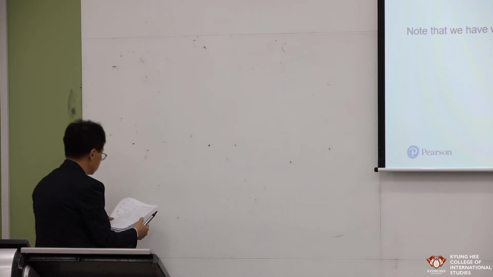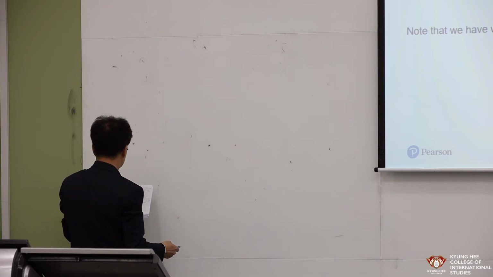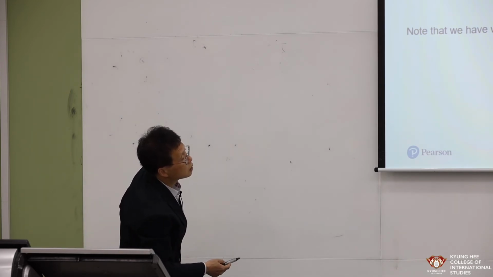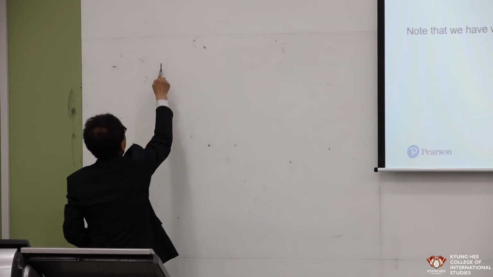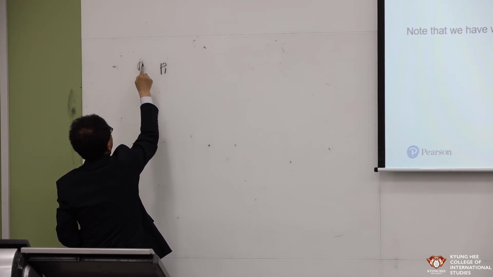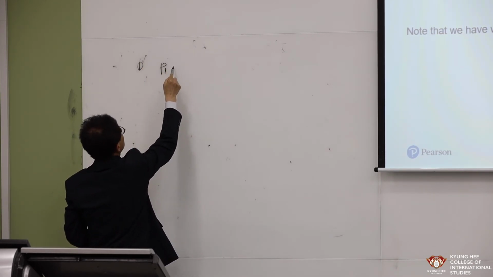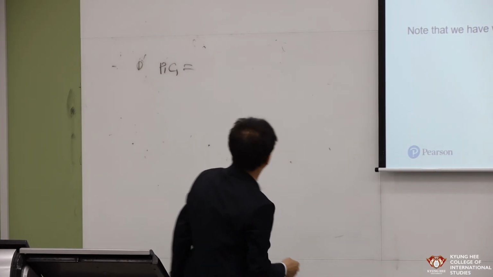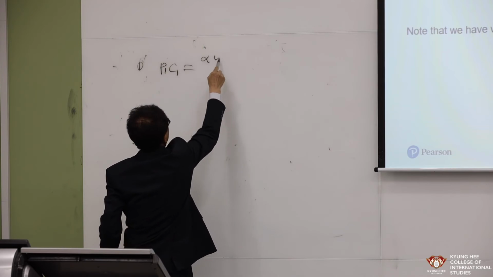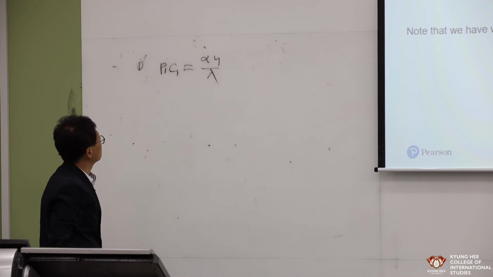In the earlier first order condition, I said P1C1 is equal to alpha U over lambda, isn't it?